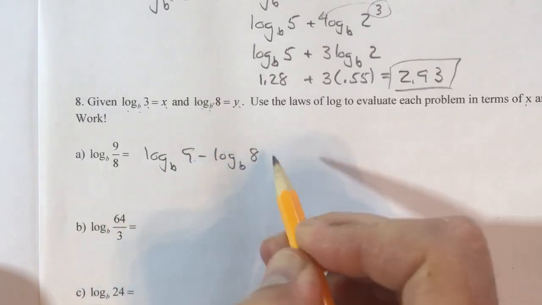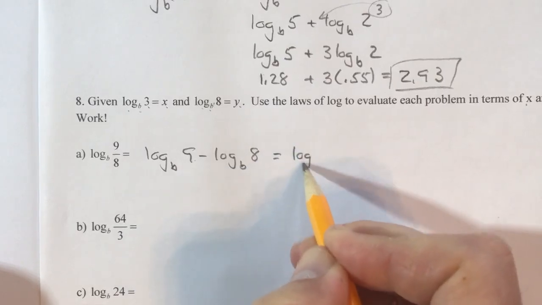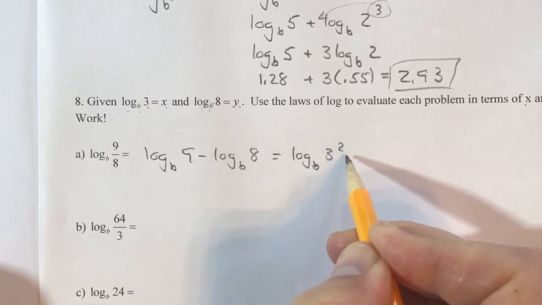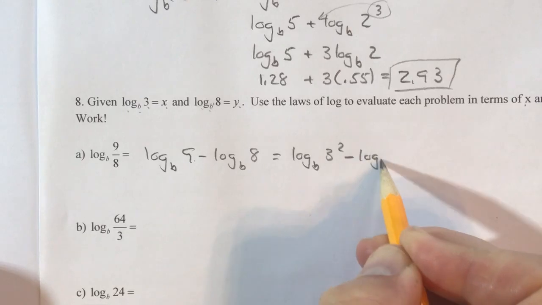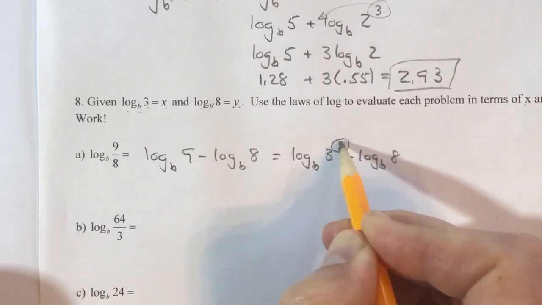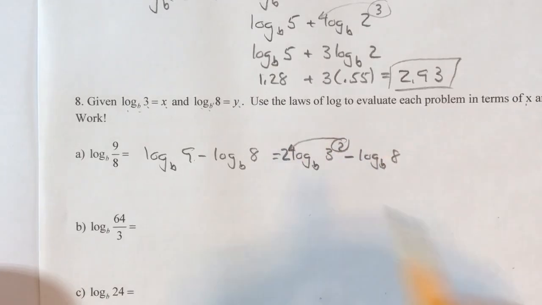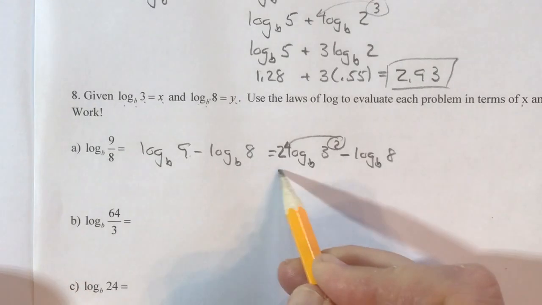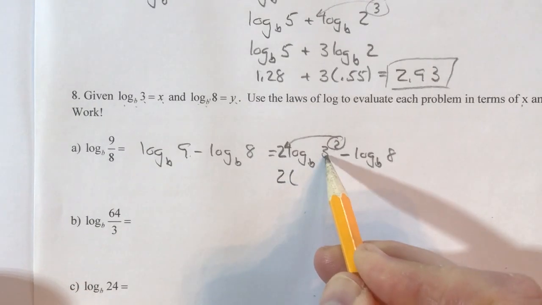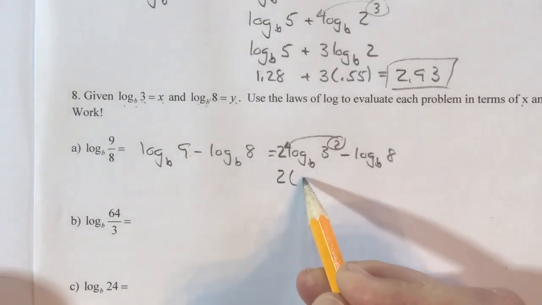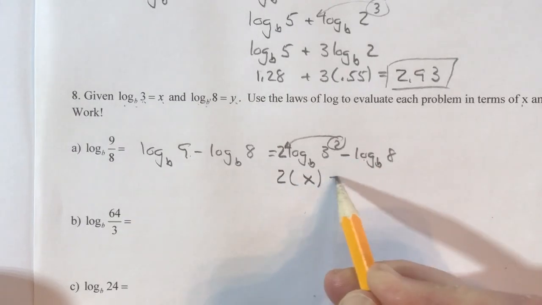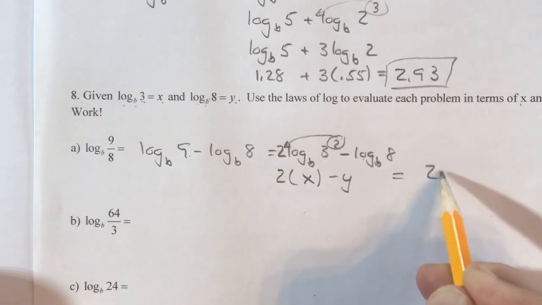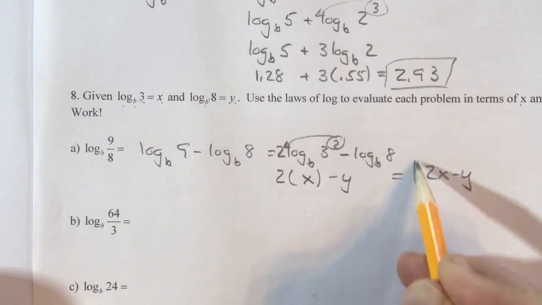Well, that's 3 squared. And that square, just going to go in front there. So I'm going to get 2 times log base b of 3, that turns into an x, and that turns into y. So my final answer, 2x minus y.